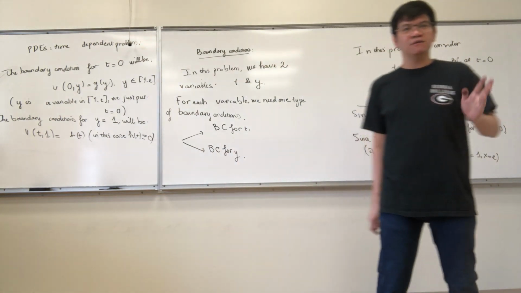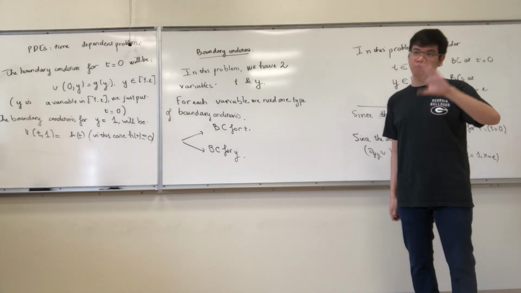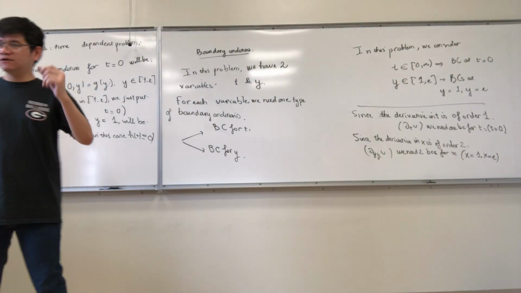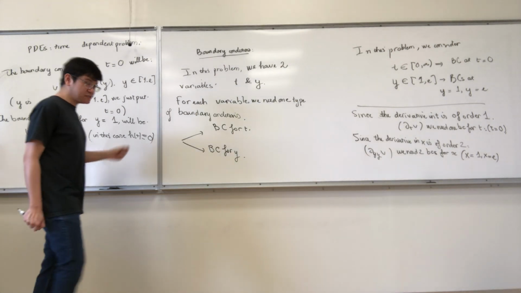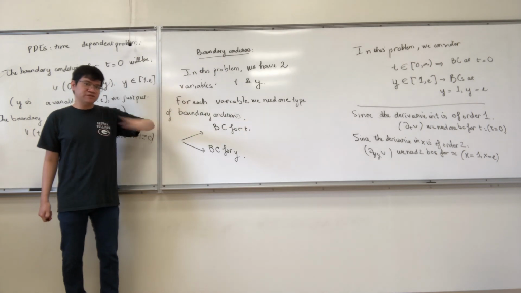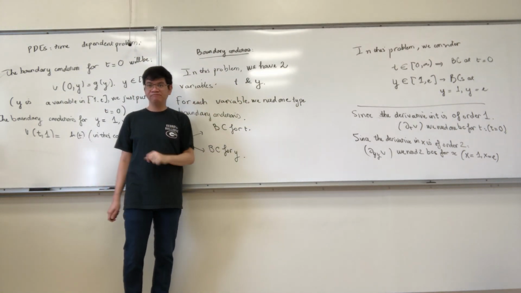So I explain again. There's a big difference between boundary value problems in 1 dimension and boundary value problems in higher dimensions. The big difference is the boundary condition. In higher dimensions, you're going to have several variables. In this case, you have 2 variables, t and y.